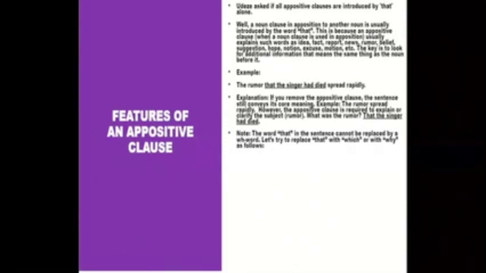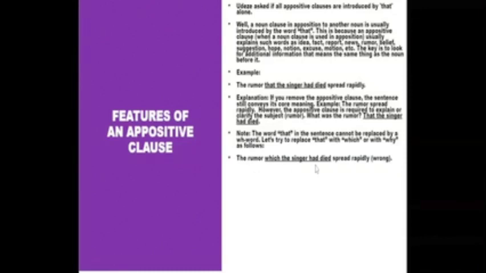Now take note, the word that in the sentence cannot be replaced by a WH word. So that is the test for an appositive. Let's try to replace that with which or with why as follows. The rumor which the singer had died spread wrongly.